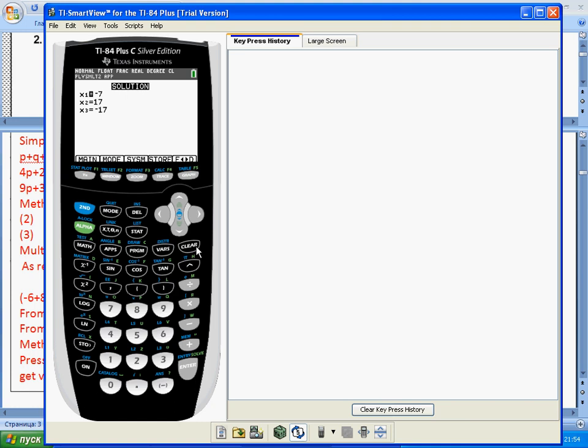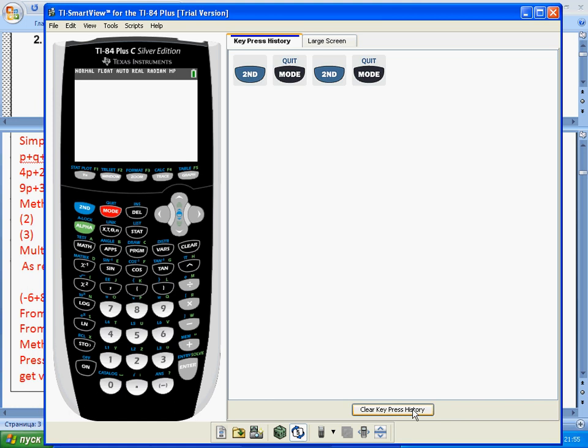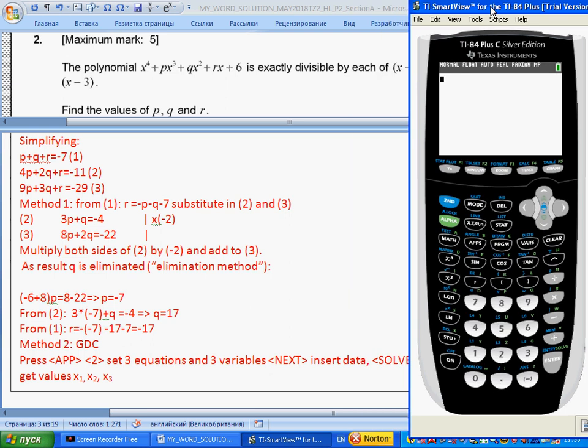Clear doesn't work, so we will use second mode, and then again second mode. Now 2 times, and you clear this history, so you have the initial position. Very good. Now we go to question 3.